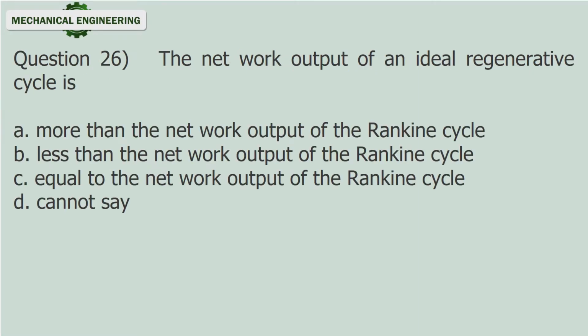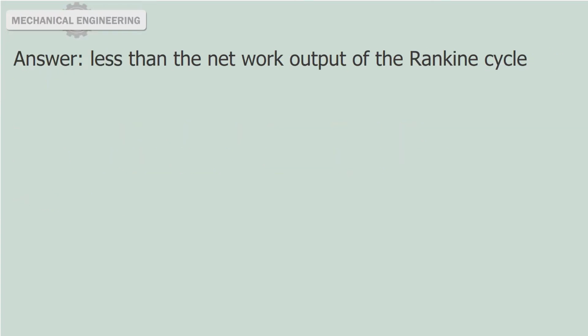Question 26. The network output of an ideal regenerative cycle is A. More than the network output of the Rankine cycle. B. Less than the network output of the Rankine cycle. C. Equal to the network output of the Rankine cycle. D. Cannot say. Answer: less than the network output of the Rankine cycle.